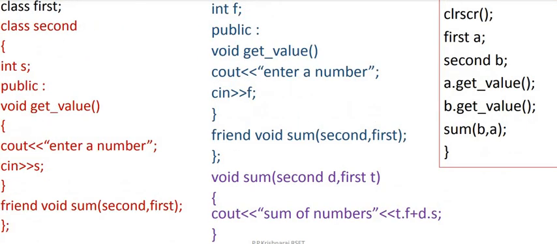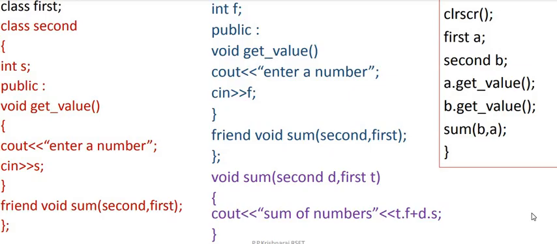And look at this part. Friend void sum second comma first. This is the declaration statement of a friend function, and the name of the function is sum, which is taking two objects as an argument.